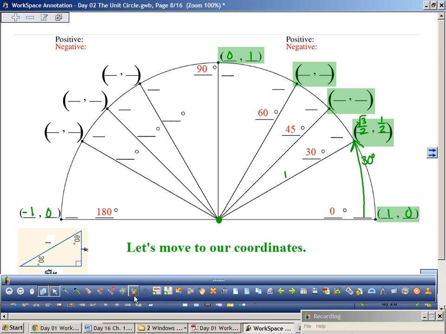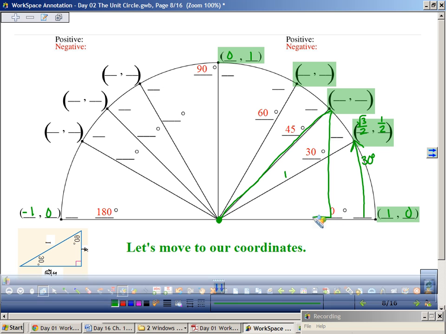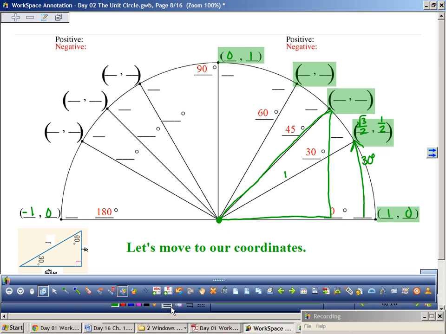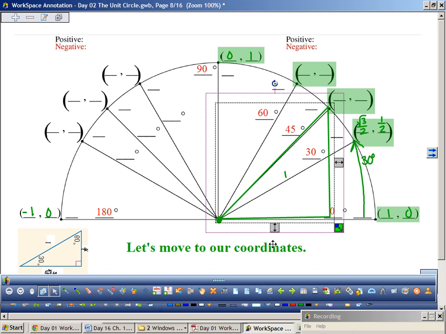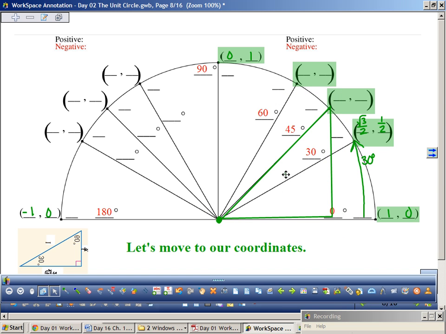Let's draw another one. So if this one is, I'm going to do the 45 now. 45 degrees. If this is 45 degrees, and this is 1, what's this side?